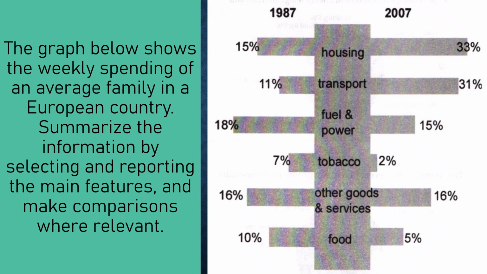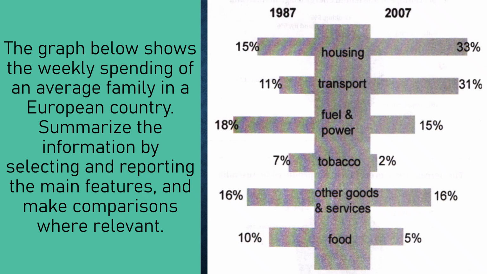While the expenditure on housing also increased from 15% to 33%, which is also a very significant change. And it is interesting to note that the expenditure on fuel and power decreased slightly from 18 to 15%.